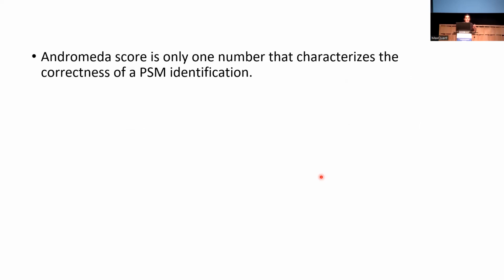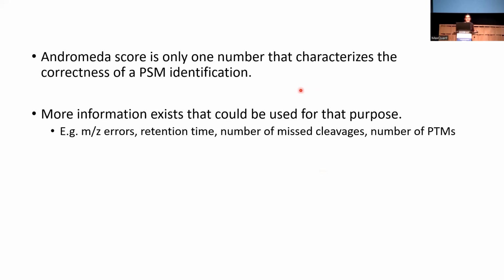But now you have all of these other features, like the number of miscleavages, the number of PTMs, the retention time that you can use. But how can we take all of these different numbers and put them in one number that we can actually use to do FDR or whatever we want to do?